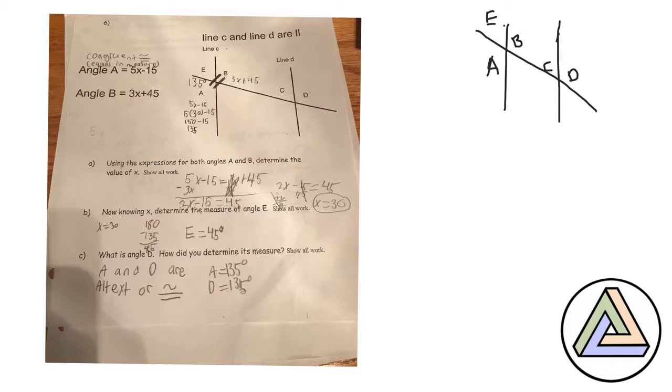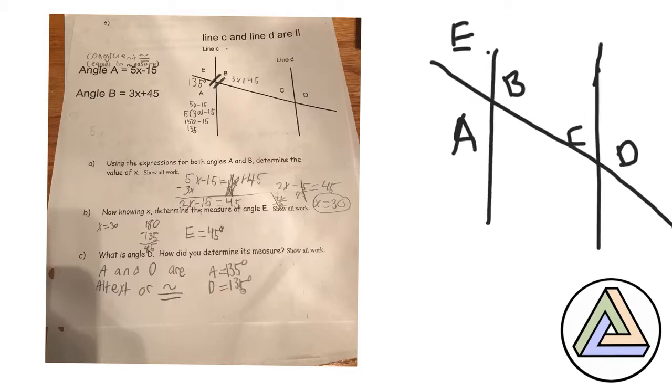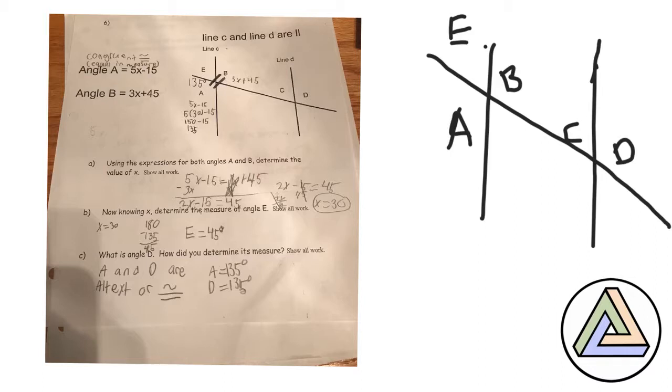Okay, so they say angle A is 5x minus 15. So I'm going to actually write that here, 5x minus 15 right here. I think it's always a good idea to label stuff. And let's see, angle B is 3x plus 45.